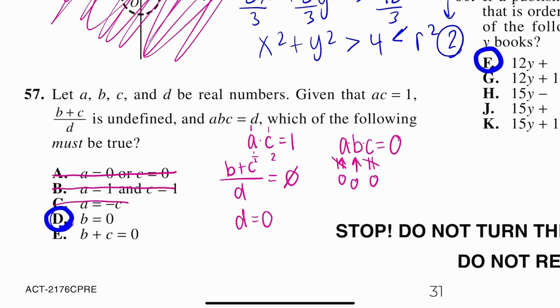So B is going to equal 0. So D is our answer. And if you want to keep going, B plus C isn't going to equal 0, because you could plug things in for it, but it's not necessarily true. B has to be 0.